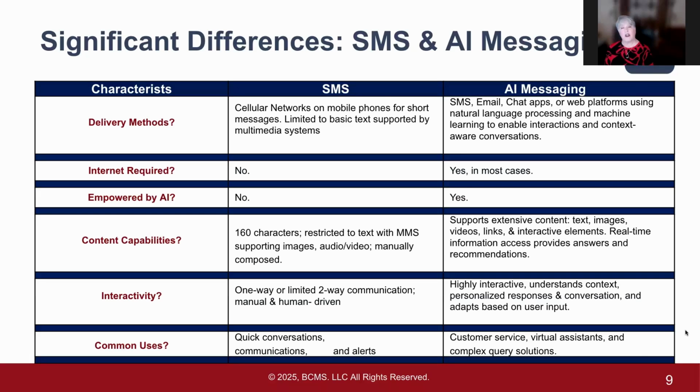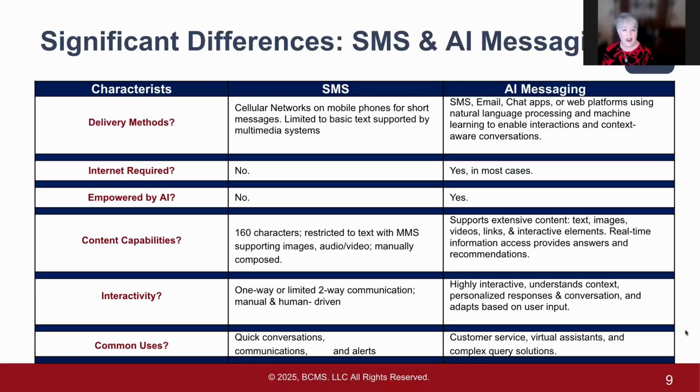There are a lot of content capability differences. When SMS was created, it was meant to be a quick answer and a quick response, and it had a limit of characters. Now you can use multimedia services to add to that and get images and audios. And that's how we get the pictures of everything we eat, right?